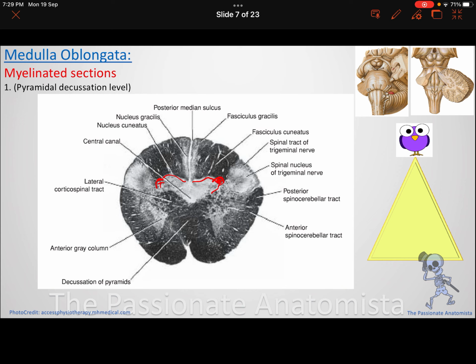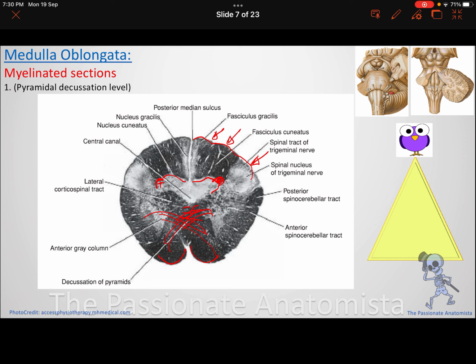It's a continuation of the spinal cord. The first level of everything in the brainstem is your bird sitting on a pyramid. It's your pyramids, and they are decussating to give you the lateral corticospinal tracts. And if we ask you to identify, this is actually the pyramidal decussation. And I'm sure now you guys know the bumps we have here, which are the fasciculus gracilis, cuneatus, and the spinal tract of trigeminal nerve.